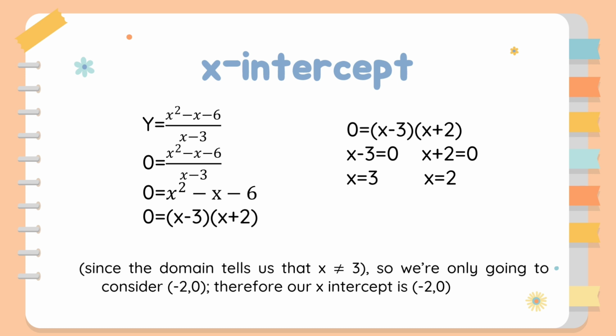So 0 equals x squared minus x minus 6, which we're going to factor, 0 equals x minus 3 times x plus 2. X minus 3 equals 0 is x equals 3, and x plus 2 equals 0 is x equals negative 2. Since the domain tells us that x is not equal to 3, we're only going to consider negative 2. Therefore, our x-intercept is negative 2, 0.